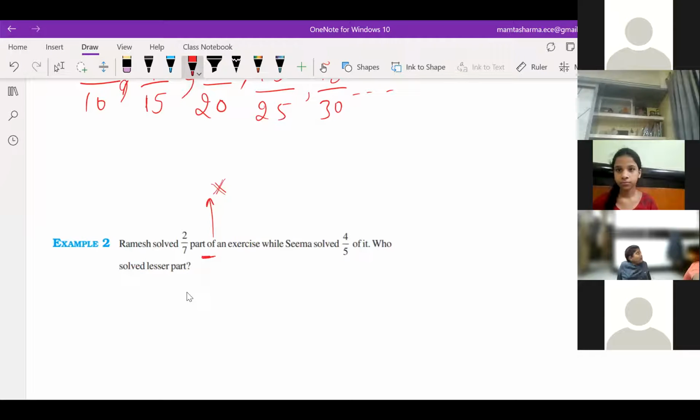Later I will tell you. To solve this question: Ramesh solved 2 by 7 part of an exercise, while Seema solved 4 by 5 of it. Who solved the lesser part?